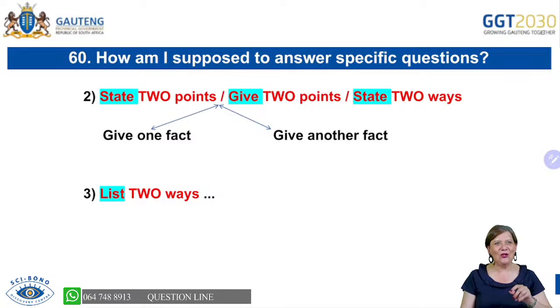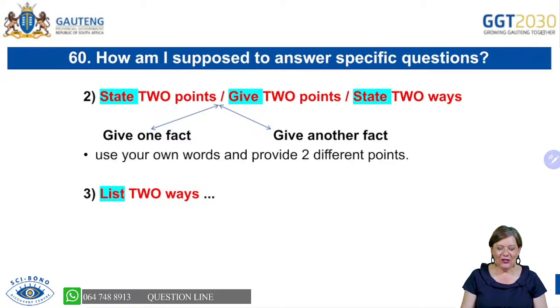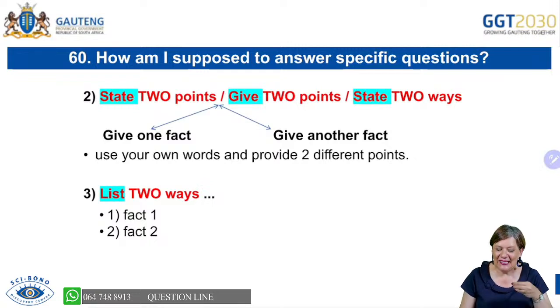If I ask you to list in 2 ways, then it's completely different. In this case, I want you to write it underneath each other. Can you see the difference? Where I just ask you to state or to give 2 facts, you're going to give me 2 different points. But if I ask you to list, you're going to write it underneath each other.